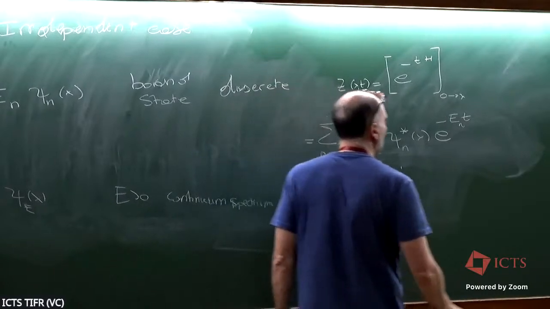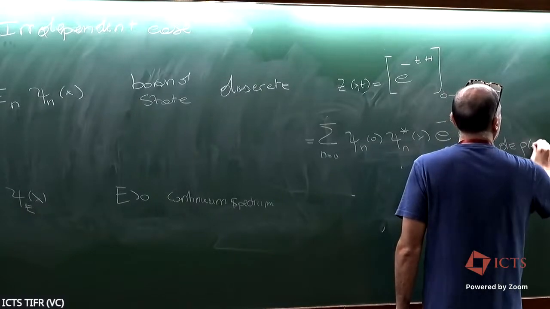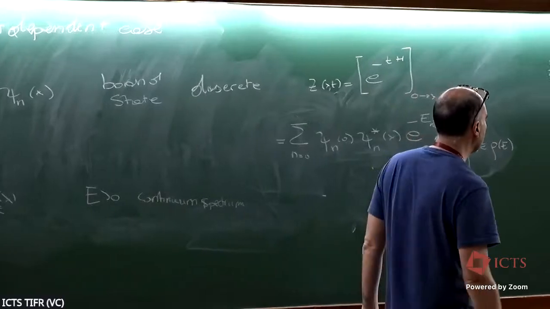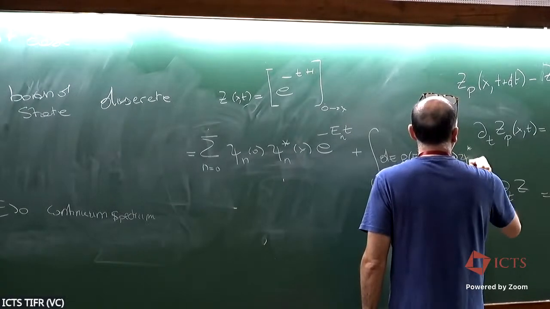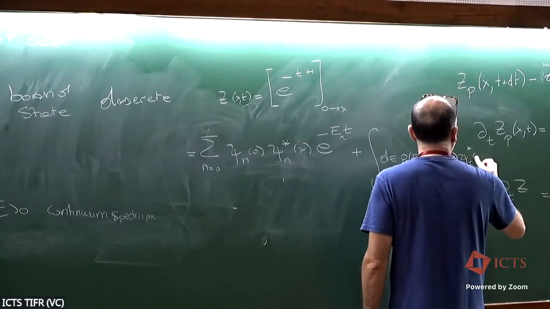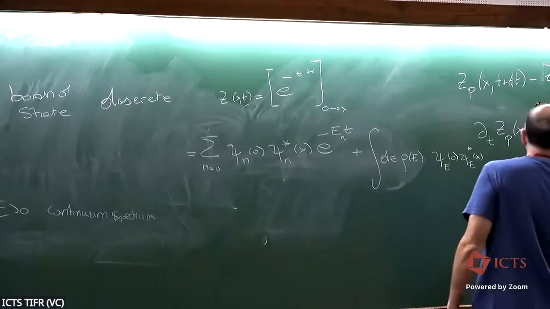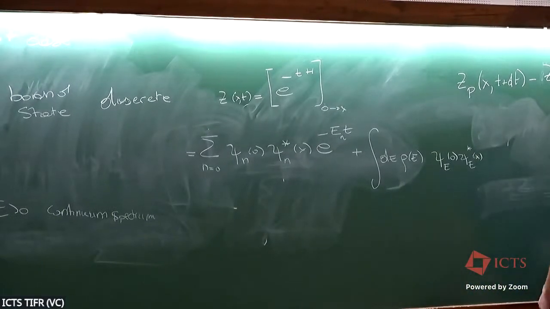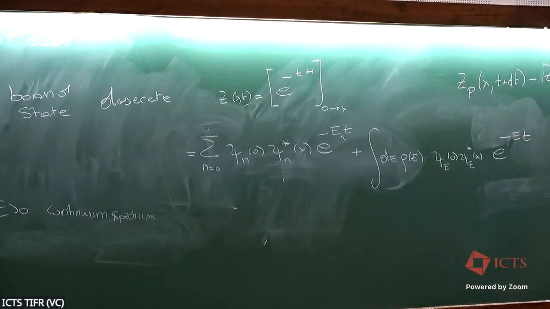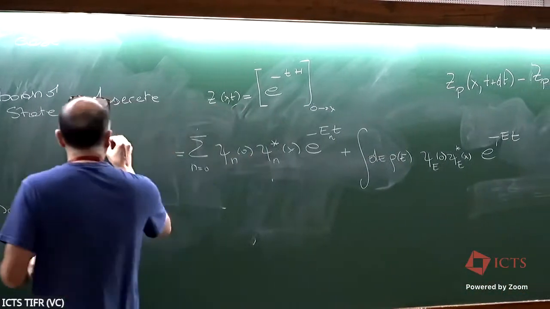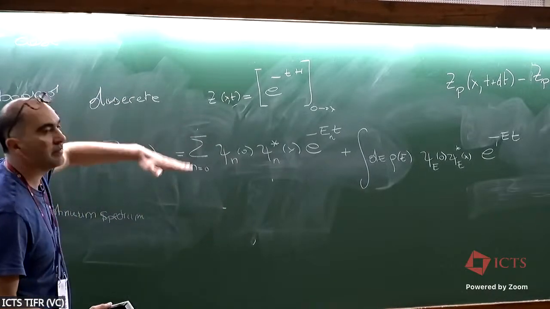I don't know how many there are. And then you have the continuum part of the spectrum with some density of these scattering states, with psi_E(0), psi star_E(x), exponential of minus E t. So this is the general form of z(x,t), the spectral decomposition on the eigenvectors of the Hamiltonian.